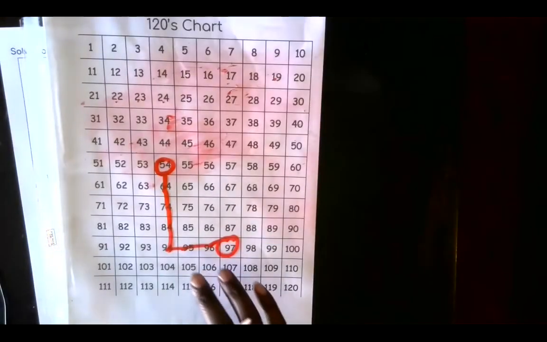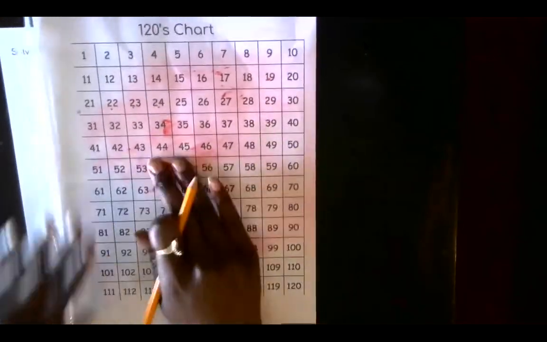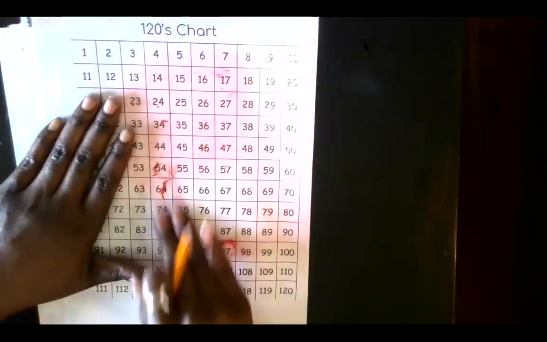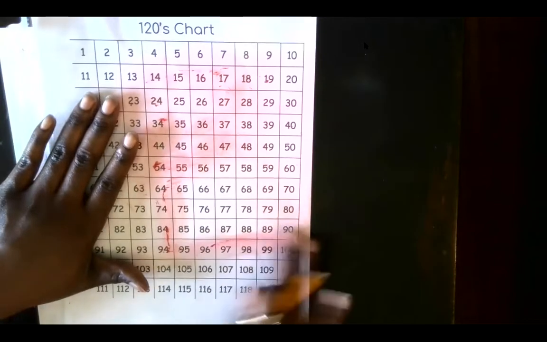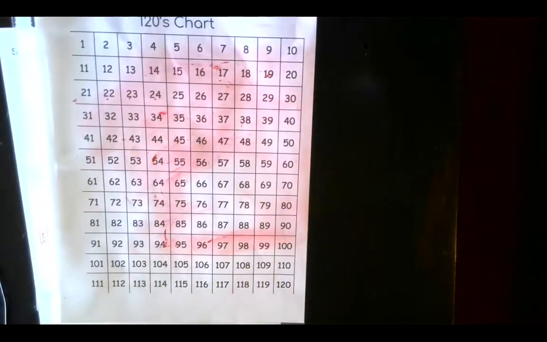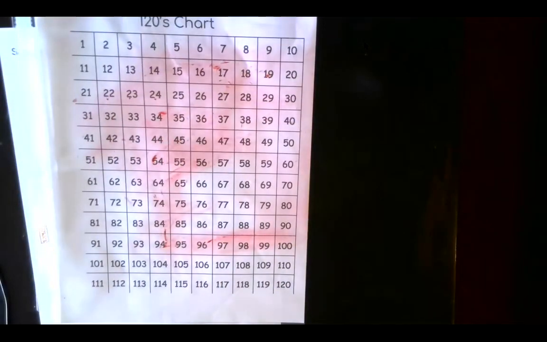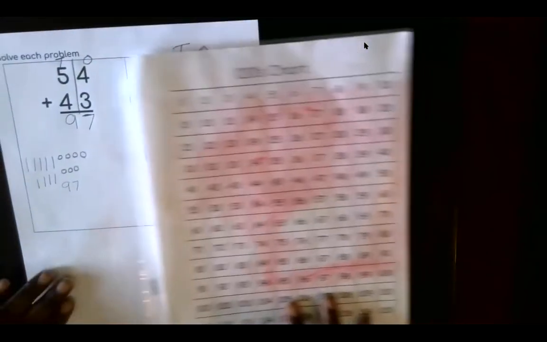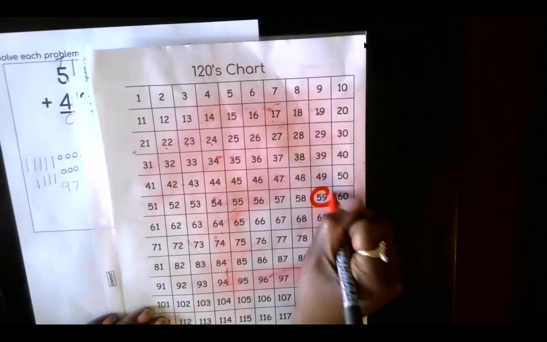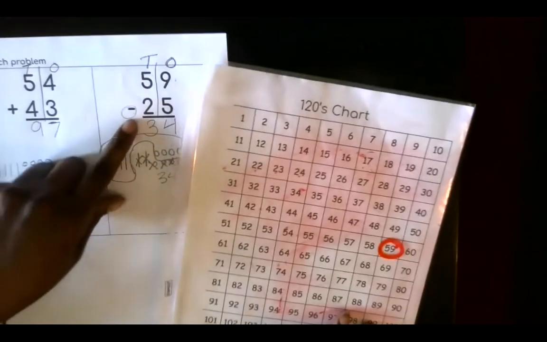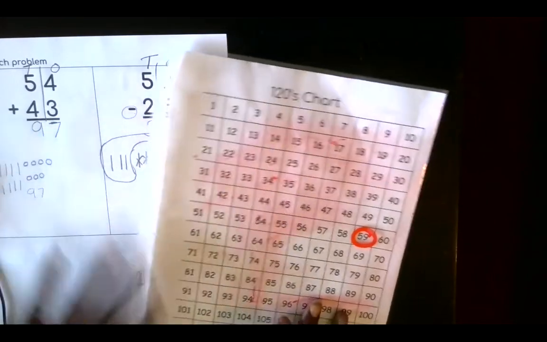And you know what? I'm going to check it a third way. Let me see. Erase. My good old handy dandy hundreds chart. Okay. So we're going to start at 59 and we're subtracting. So we need to go up 25.